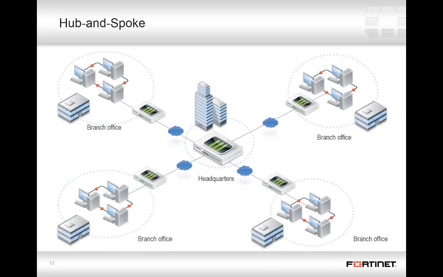One point-to-multipoint topology variation is called hub and spoke. Its name describes how all clients connect through a central hub, similar to how spokes connect to hubs on wheels. In this example, the clients, spokes, are each branch office's FortiGate. For any branch office to reach another, its traffic must pass through headquarters.